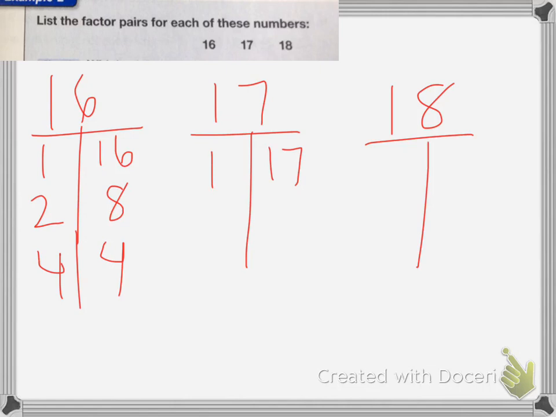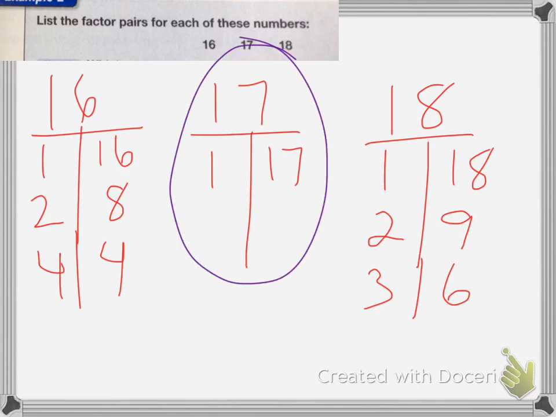Those are the only factors. And then 18, we have 1 and 18. It's an even number, so I know that I have 2 and 9. And then I also know that 3 and 6 both go into it. So the only number that is prime is 17. 17 is the only prime number.